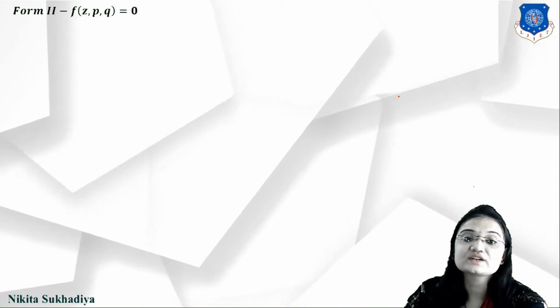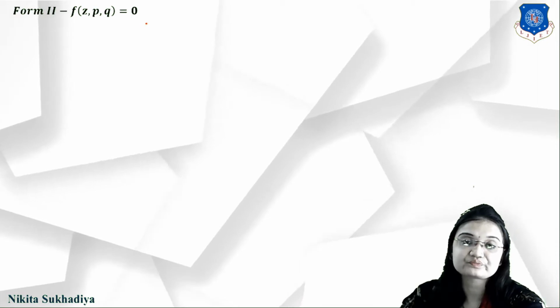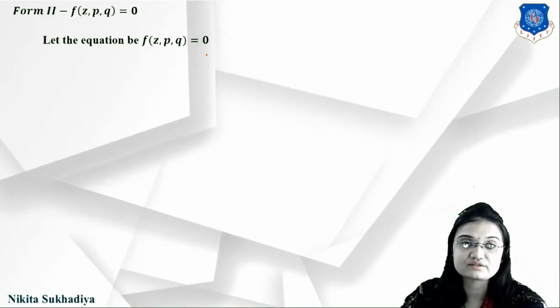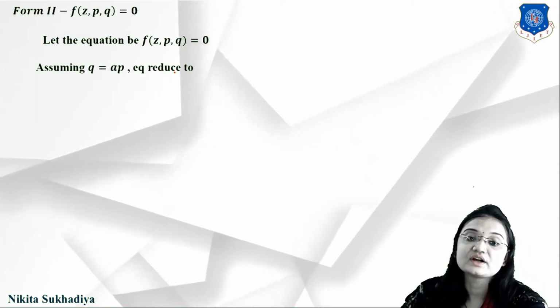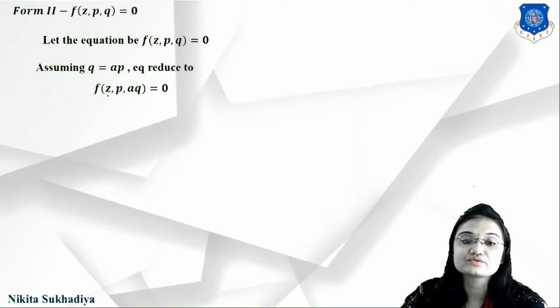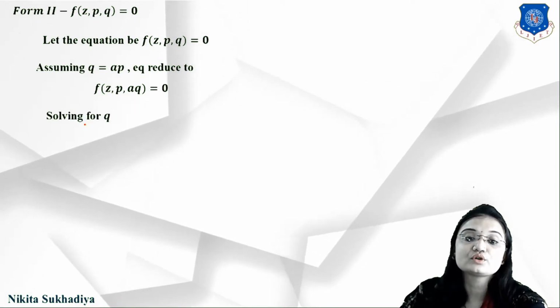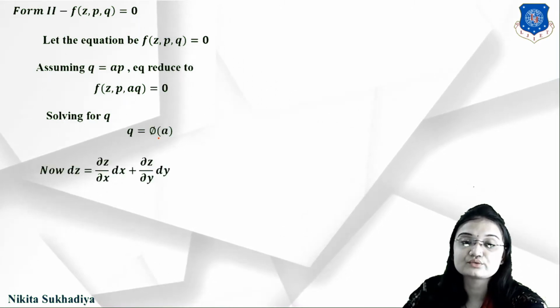Now the next form is f of z, p, q equal to 0. Let the equation be f of z, p, q equal to 0, and assuming q is equal to ap, the equation reduces to f of z, p, ap equal to 0. Now solving for p, p is equal to phi of z, a.